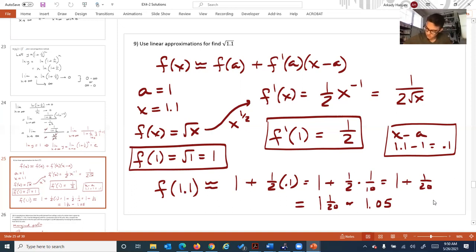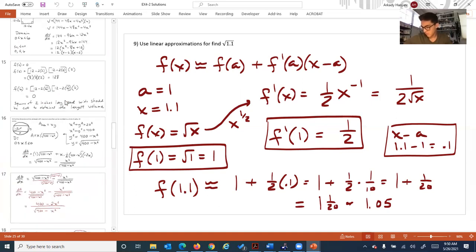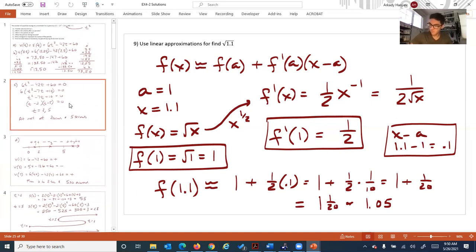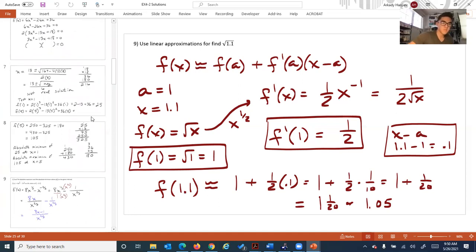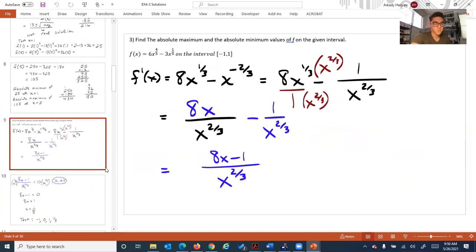Can I see the one for 3? Number 3? Yeah, I got all mixed up with the exponents, the fractional exponents. I learned that simplifying is important. I stopped just at the second step.